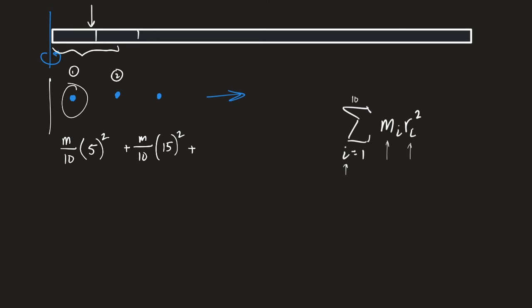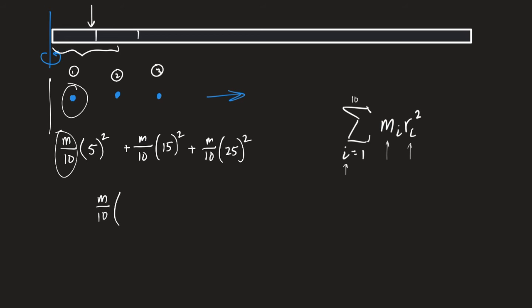So I go to the next dot, dot number 3. We're going to go from the first dot, which is the first 10 centimeters of the meter stick, to the last dot, which is the last 10 centimeters of the meter stick. The first thing that I hope to focus your attention on is all of them have m over 10, so you can factor all of those out.